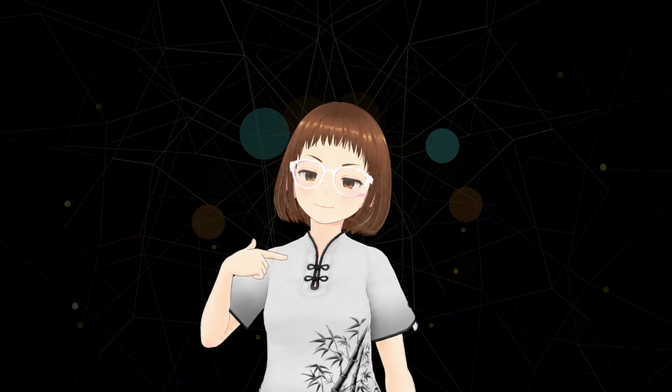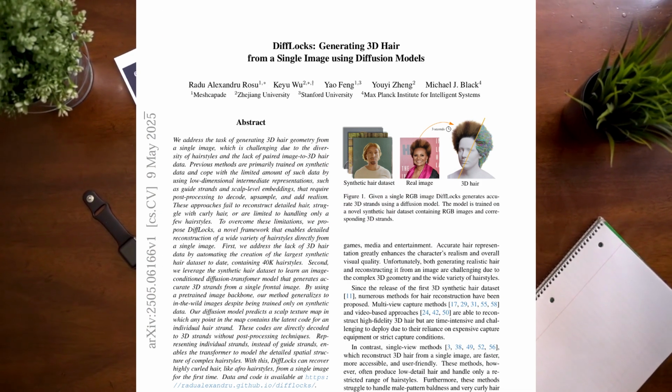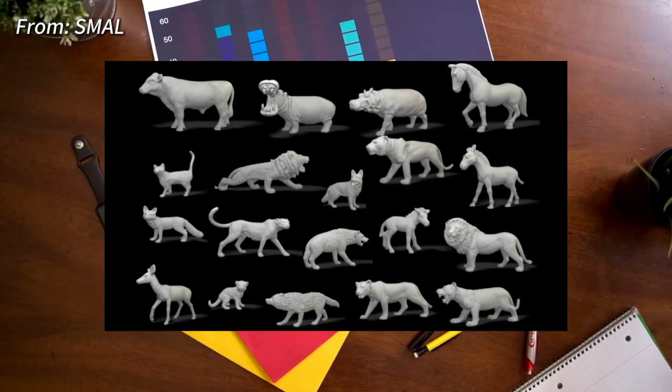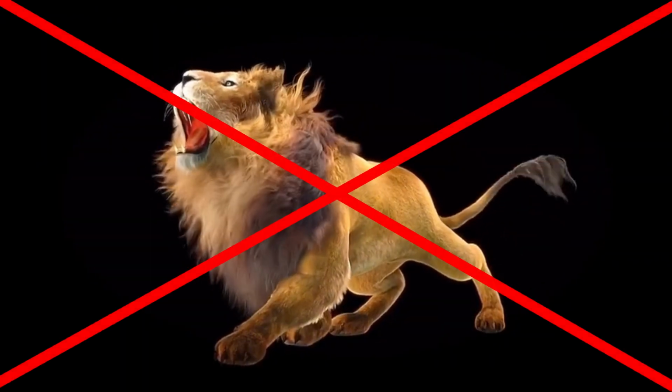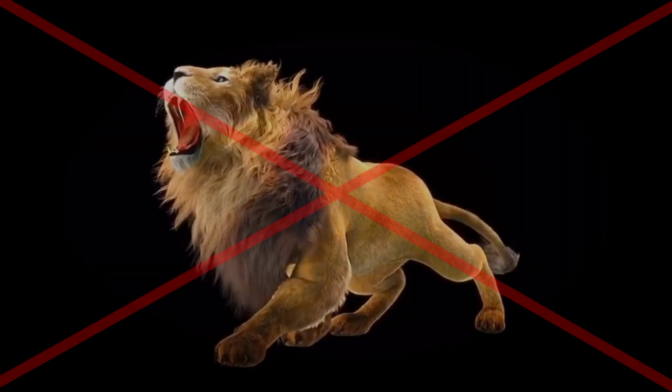I originally thought there should already be a mature method for this, but after actually searching, I found literally zero. Compared with human hair, public research on 3D animal fur is shockingly scarce. Within what I could find, there was no public data set that includes both fur direction and 3D strand structure.